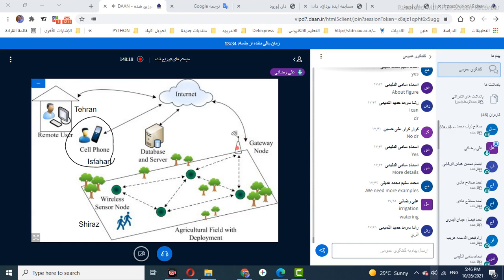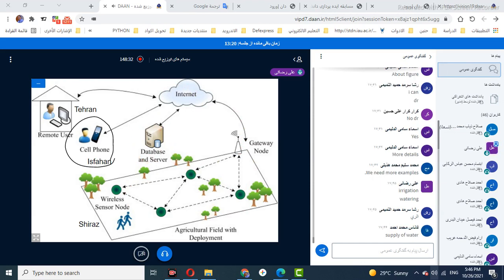This is a computer, and the computer gathers information about this field and sends it back to the internet. Through the internet, it will be recorded on this database server. So anytime and from anywhere, this user can connect to the internet, connect to this server, and check the status of this field. This is the application of sensor networks.